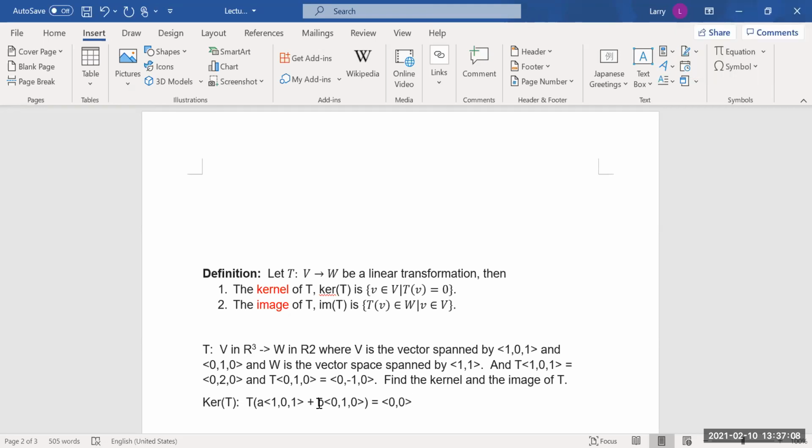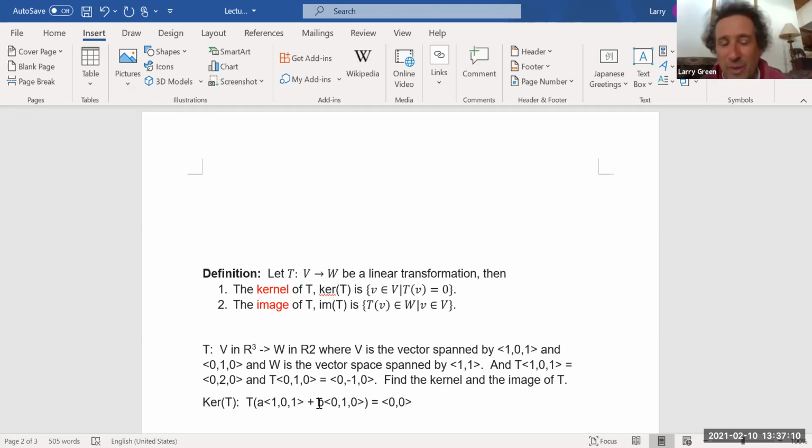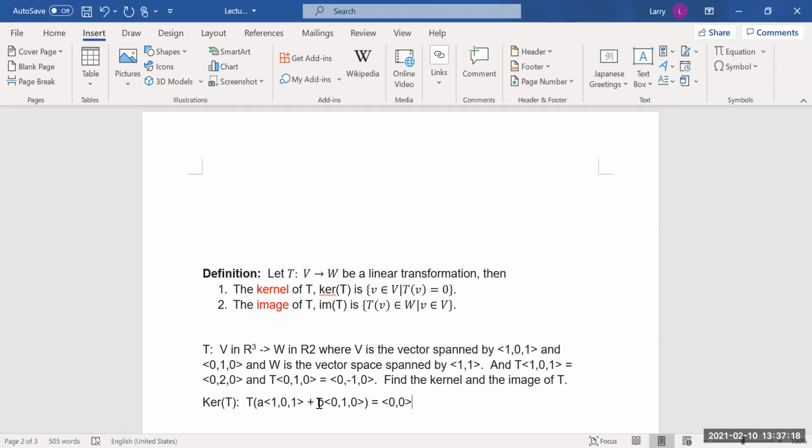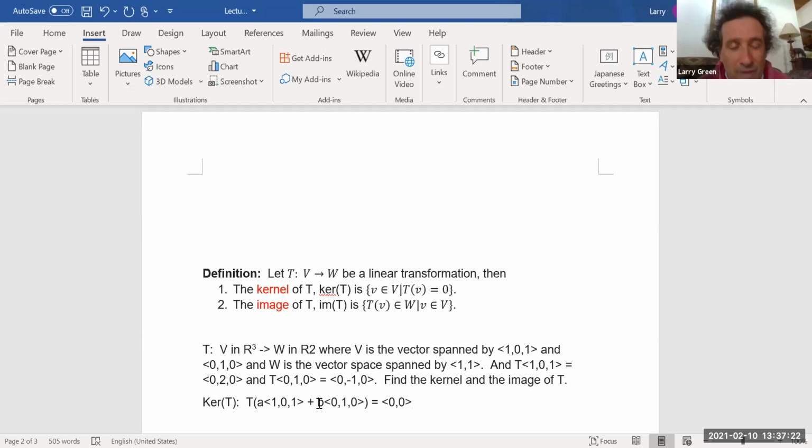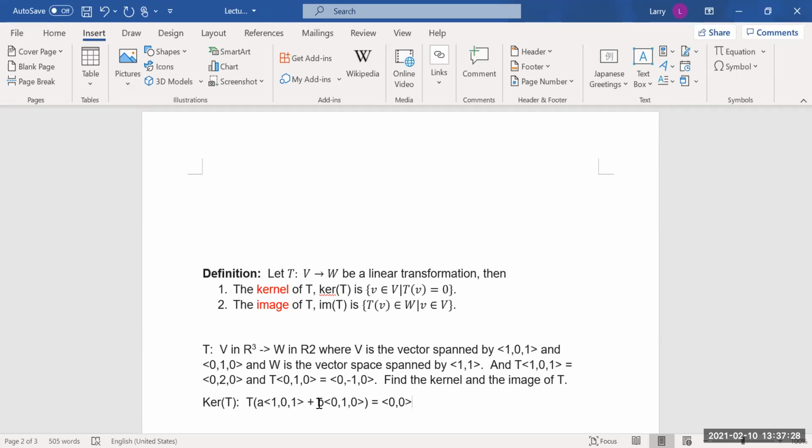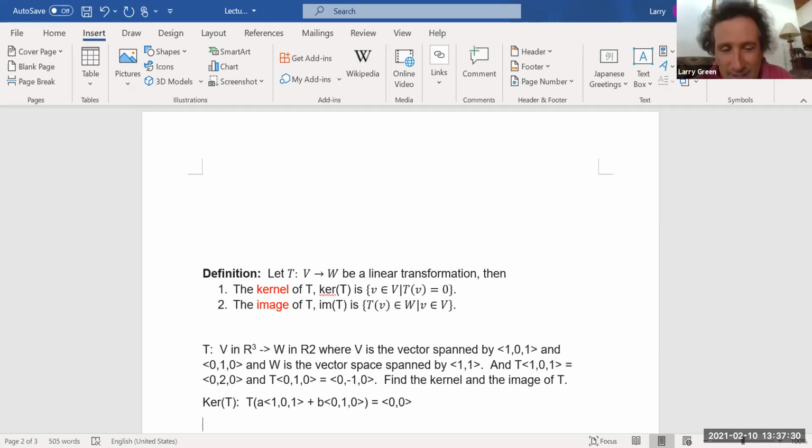You've got to keep in mind what 0 it is. It's dangerous to say it's 0 because that's the kernel. That's because we're going from R3 to R2, you're going from V to W, and W is in R2. Okay, well, now we just plug in.